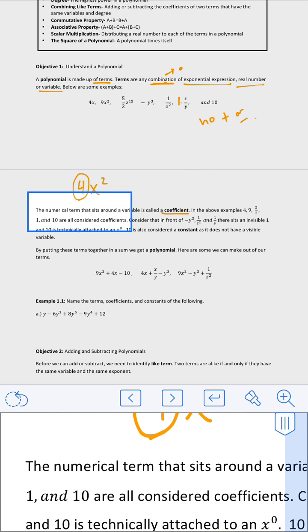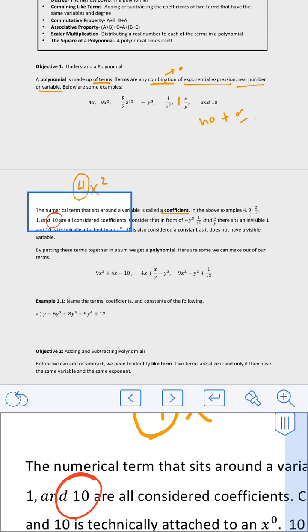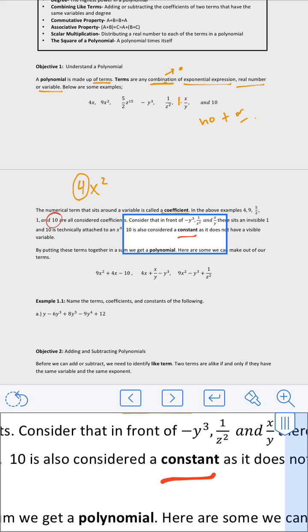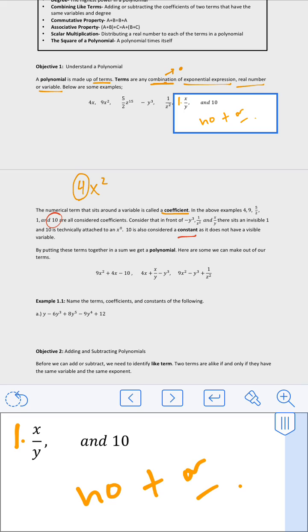And then there's a little bit of debate about the 10. 10 is what we also call a constant. The constant is anything that doesn't have a variable, right? We kind of remember that from last time. But technically, there's an invisible variable there of x to the 0. Technically, there's an x to the 0, because anything to the 0 power would be 1, right? We have 10 times 1.